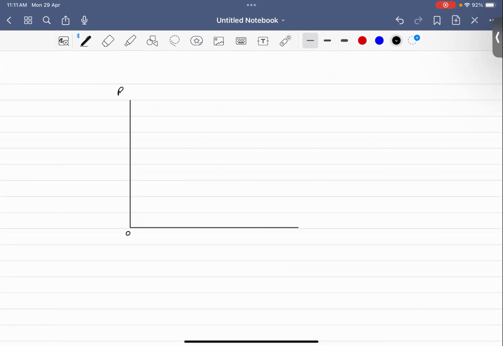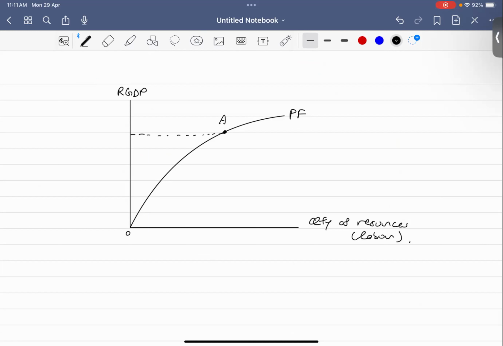Origin, real GDP, and same thing here is the quantity of your resources, or like your labor, for example. So at first, this is your production function. Let's say at first, this is your point A, at this output, at this quantity of resources.